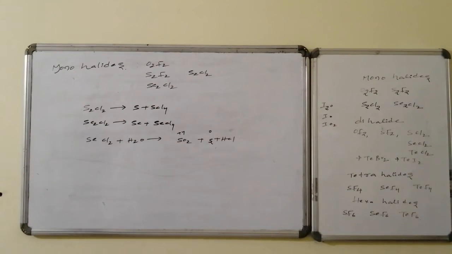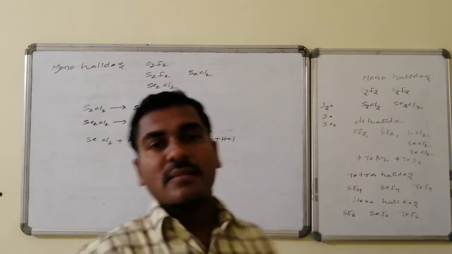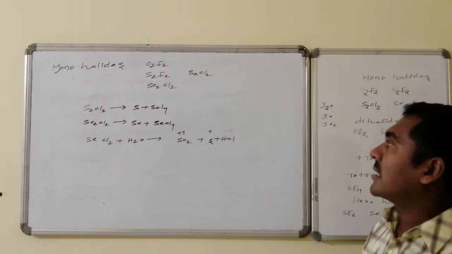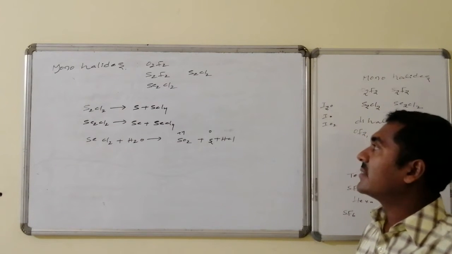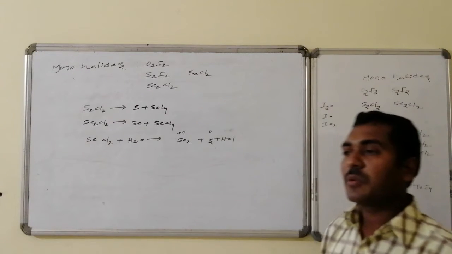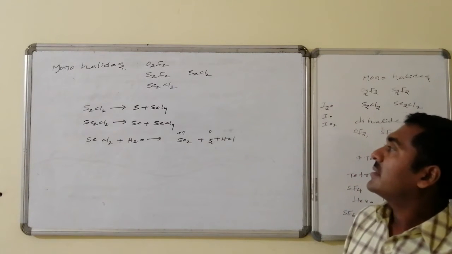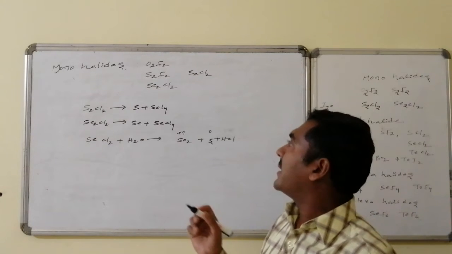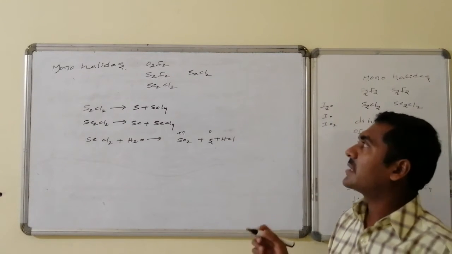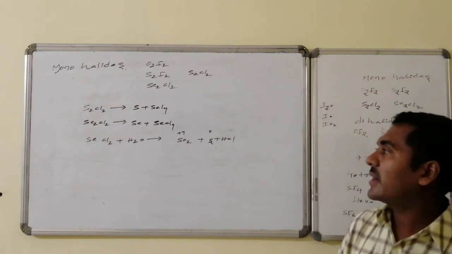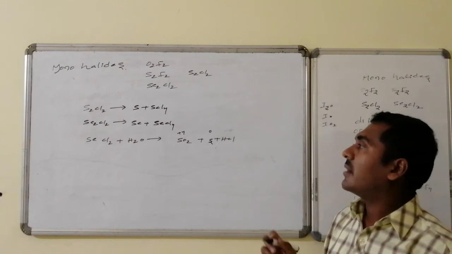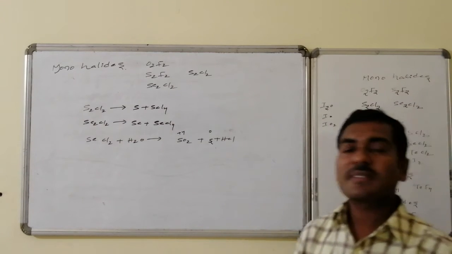Monohalides are all dimeric in nature. The important monohalides are dioxygen difluoride, disulfur difluoride, disulfur dichloride, and diselenium dichloride. These are the possible varieties of the monohalides. These monohalides on heating undergo a disproportionation reaction.